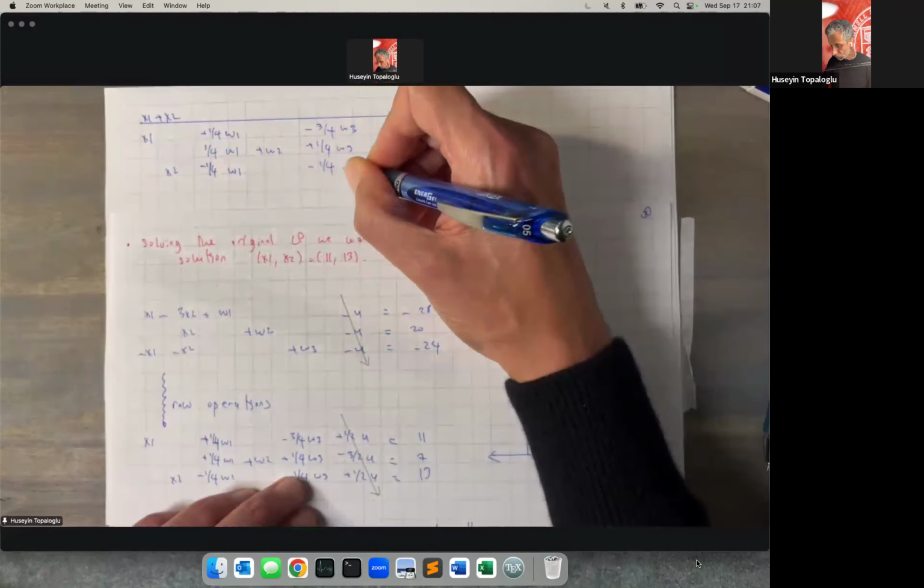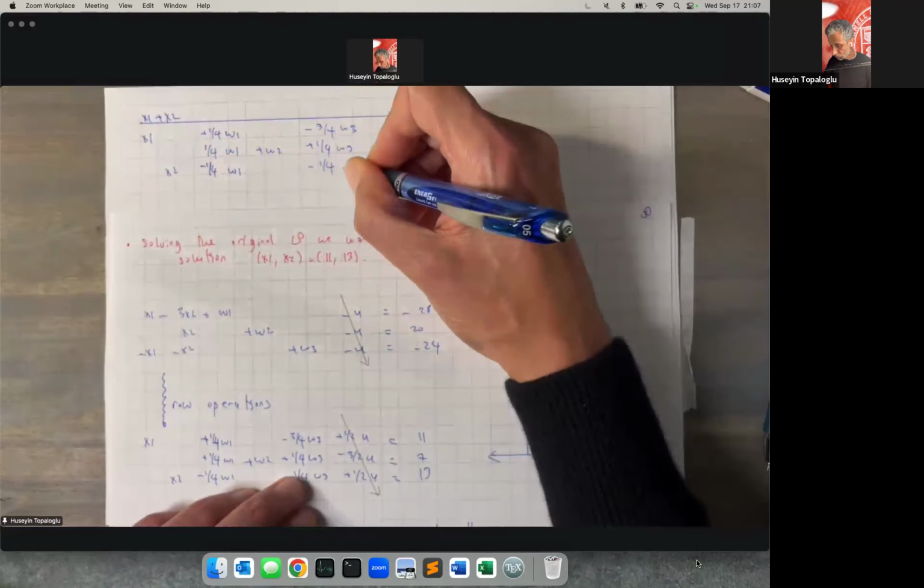This multiplied by -1 added over here, this multiplied by -1 added over. In some sense, I'm adding the first constraint and the third constraint, multiplying the sum by -1, adding to the objective function, right?